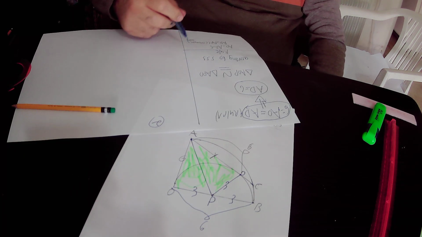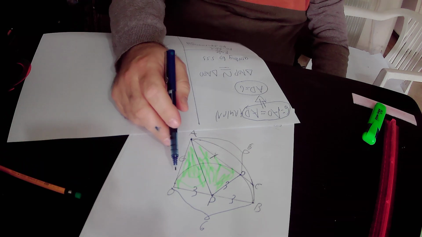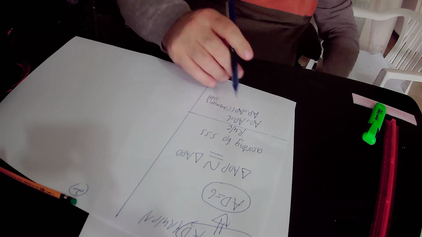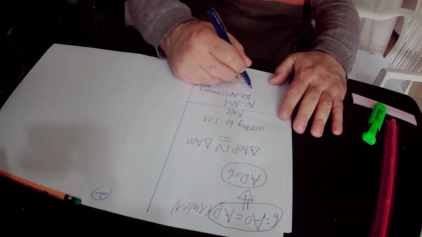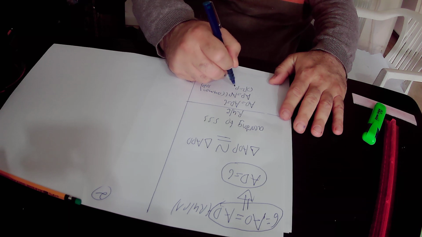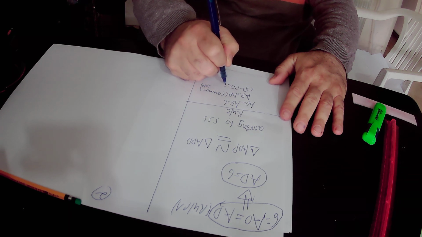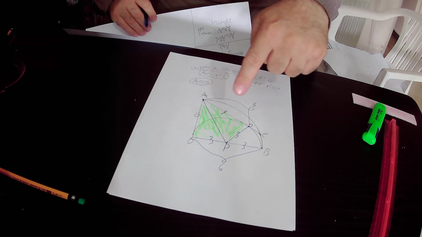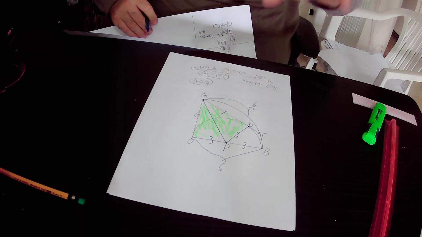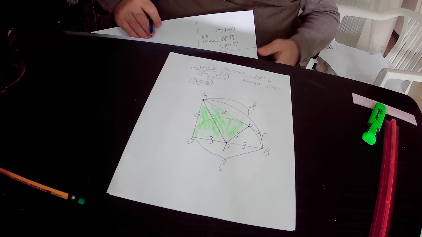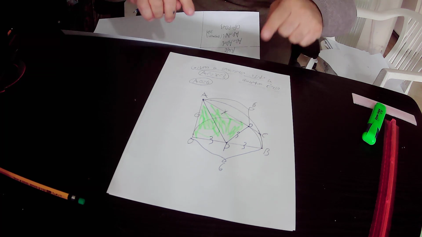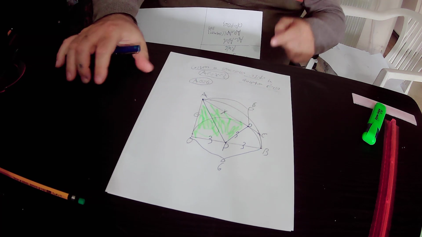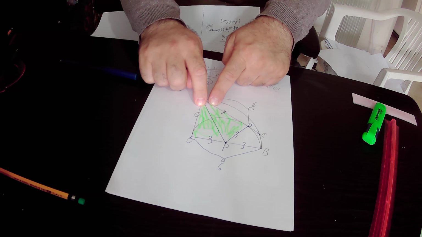And finally, side OP equals side PD equals 3 units. That is to say, triangle AOP is congruent to triangle APD according to the side rule. And from the fact that those two right-angled triangles are congruent, we conclude that those two angles are equal to each other.